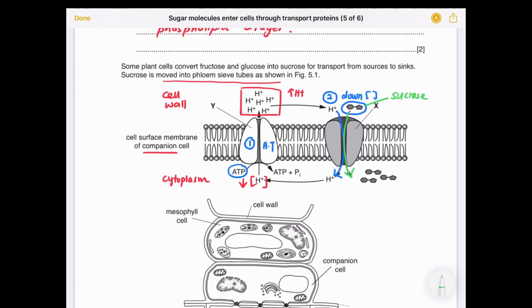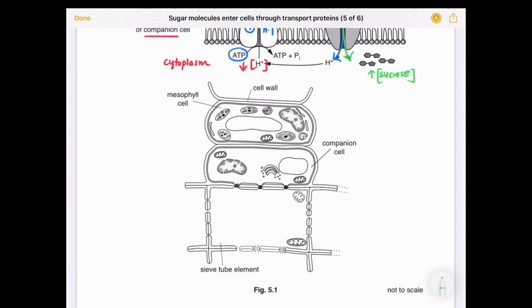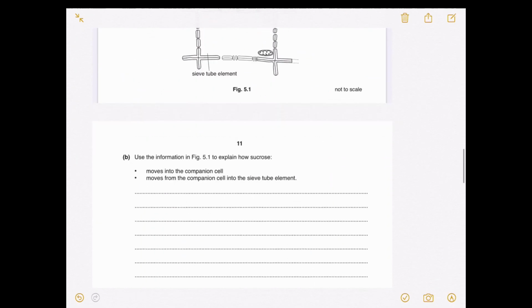How do I know it's against the gradient? Do you see here? I have high concentration of sucrose here. Here you have low concentration. So that's why this one is against the concentration gradient. That is step 3. So based on this diagram, they just want how the sucrose is moved. Okay, let's see which part the question wants.